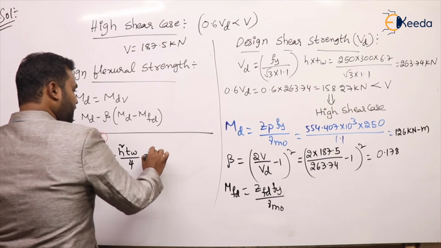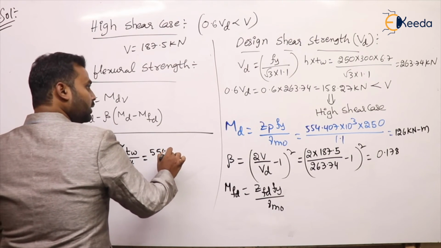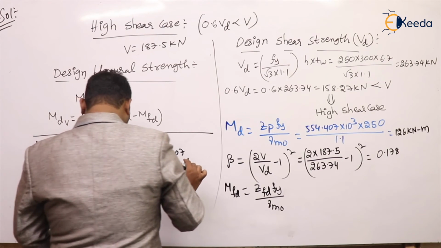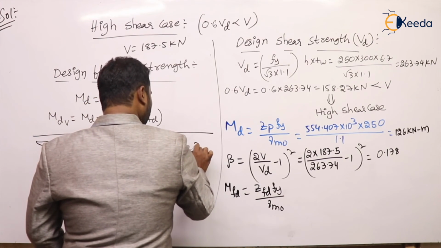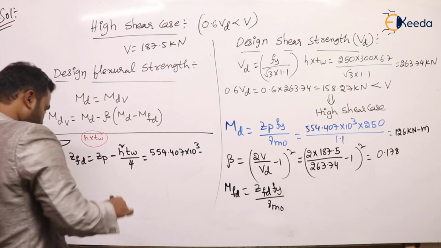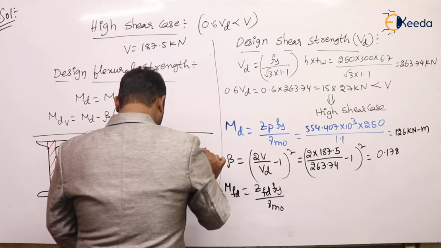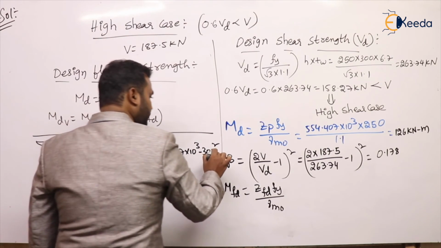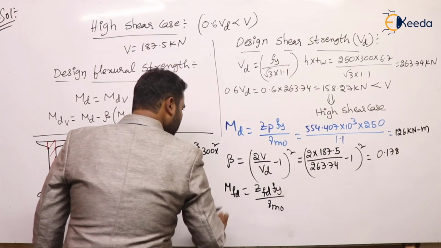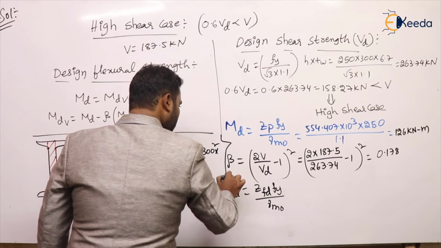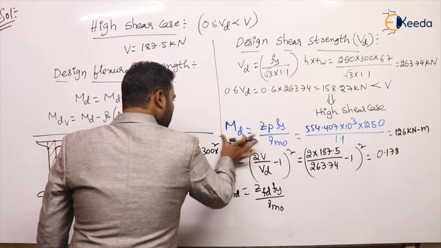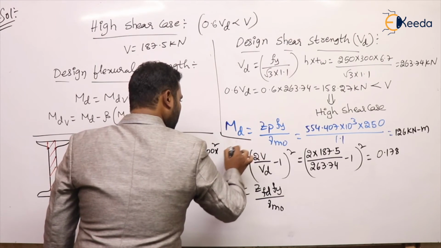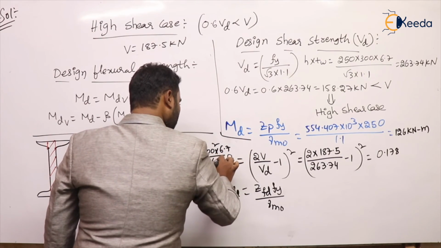Now ZP given in the question is 554.407 into 10 cube, minus H is how much? H is 300, right? 300 square and TW is 6.7, into 6.7 by 4.